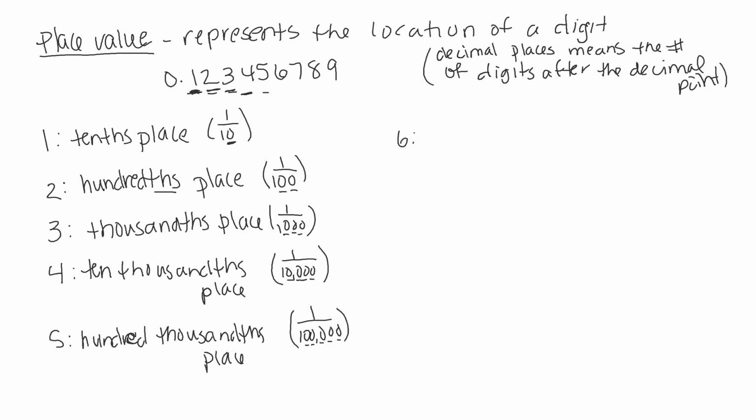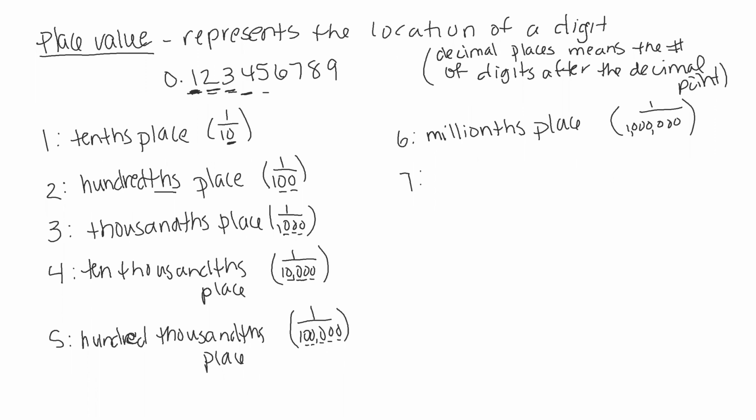Now, what power of 10 has 6 zeros? Hopefully you'll remember that 6 zeros are in a million. So this is the millionths place. And it does coincide with 1 over a million. All right.